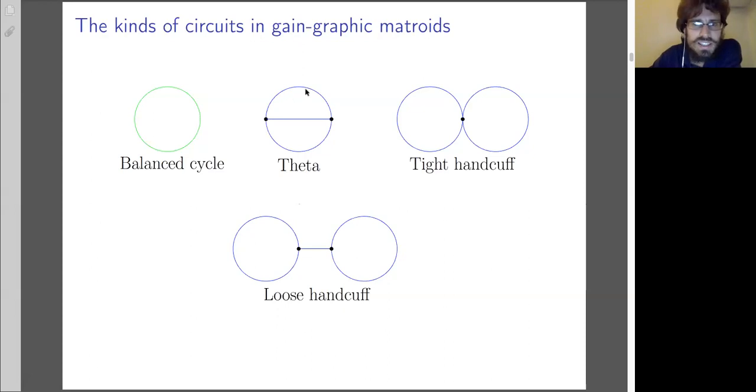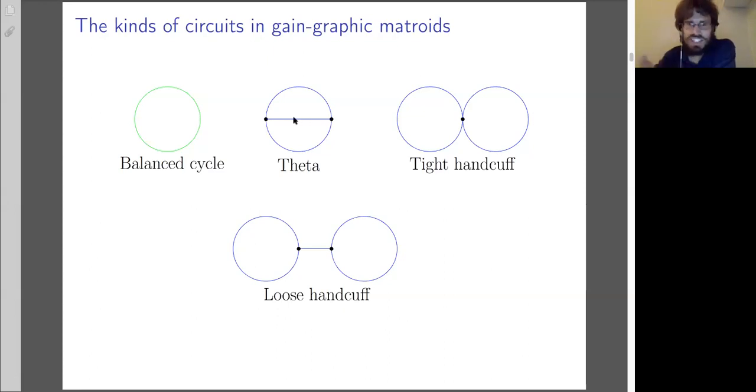If I have some theta in the graph, and 2 of the cycles in the theta, let's say this one at the top and this one at the bottom, are both balanced cycles, then I can apply circuit elimination. I can eliminate some edge in this central path.